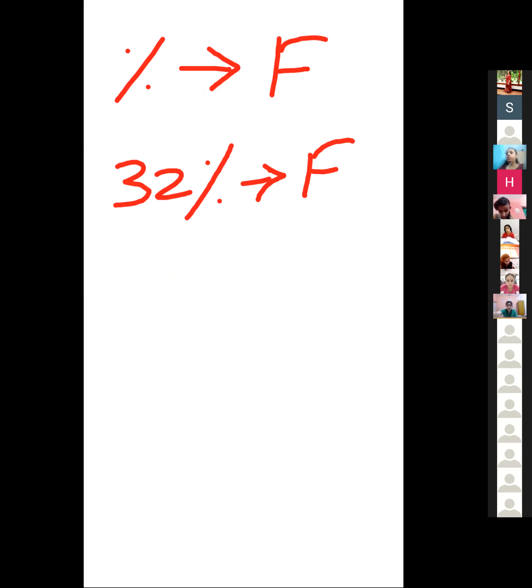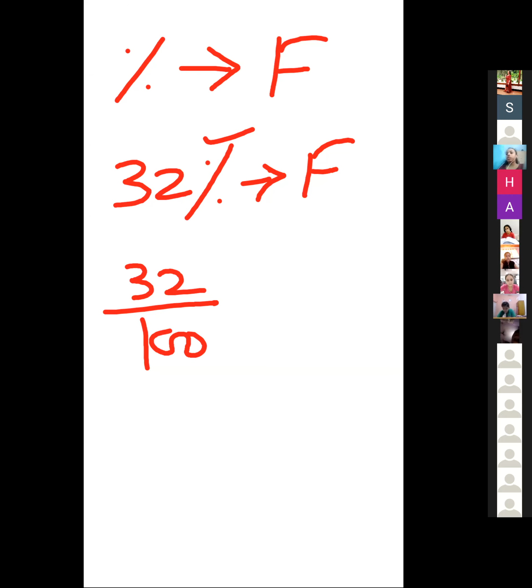So 32 upon 100, because percentage is there. If percentage is with the number, you have to remove the percentage and write 100 in the denominator. Percent means 100. So removing percent, we will put that 100 below in the denominator. Now 32 upon 100.